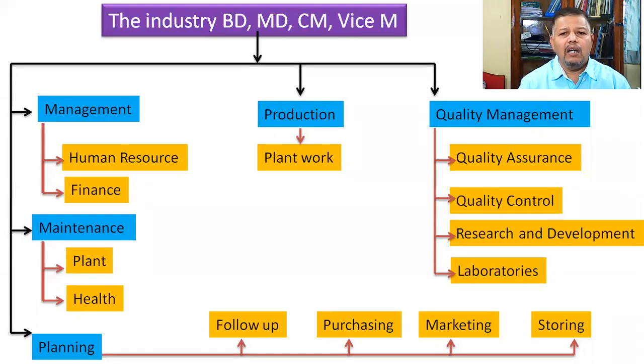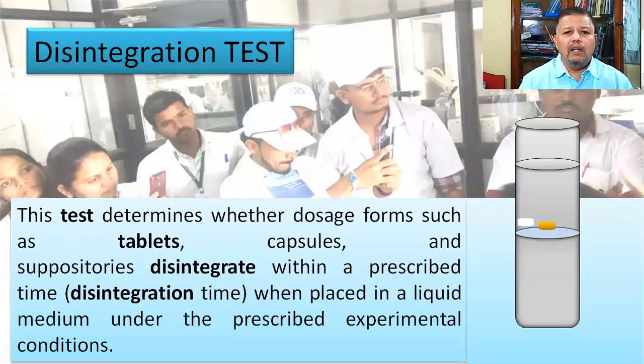Then the first test is the disintegration test. This test determines whether the dosage forms such as tablets, capsules, suppositories disintegrate within the prescribed time when placed in a liquid medium under the prescribed experimental conditions like temperature.